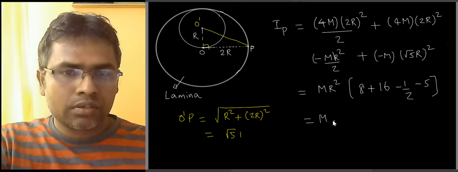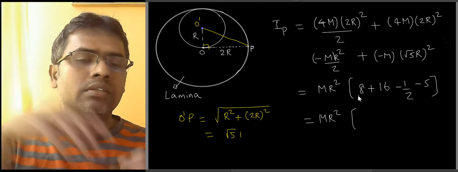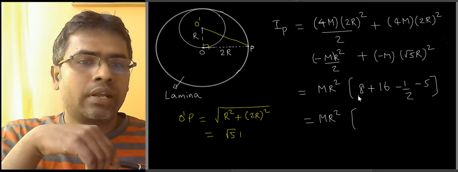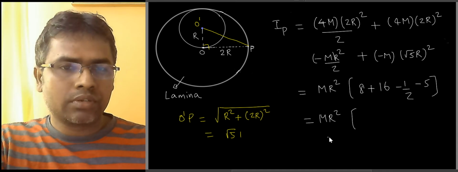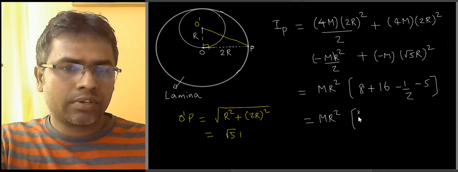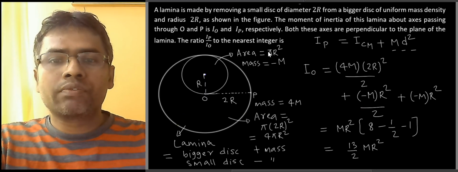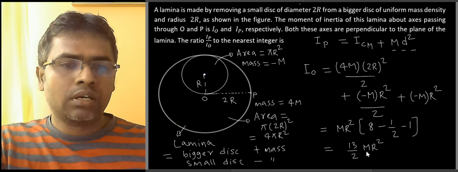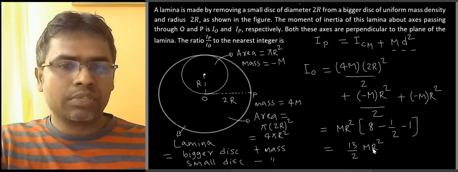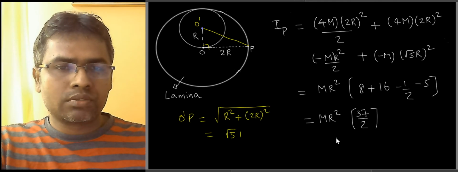So what do we get? This m r square times 24, that's 48, then 48 minus 11, so I think we get 37 by 2. Now, the moment of inertia about an axis passing through O has the factor 13 by 2, and m r square is common to both expressions.